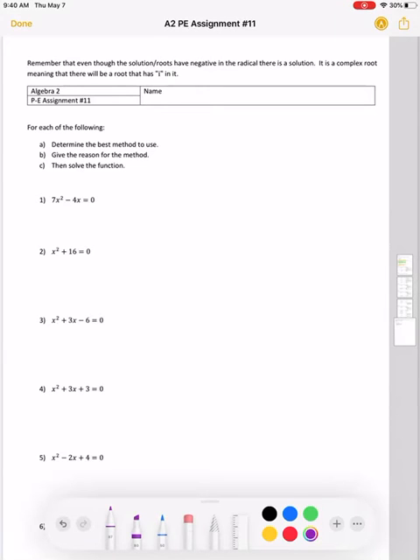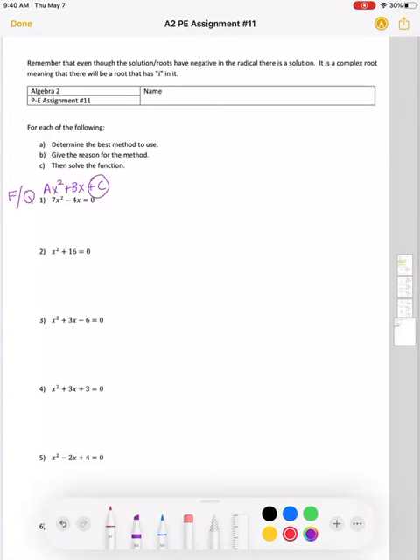If you look at number 1, you have ax squared plus bx plus c, except that you'll notice you are missing the c, which means for this one, you are either going to factor or use the quadratic formula.